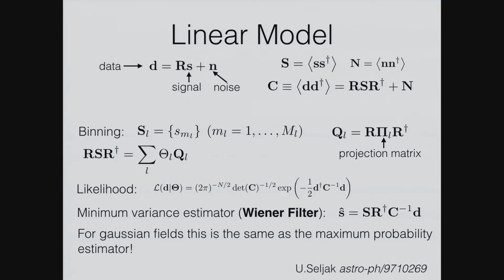Big S denotes your signal covariance matrix. Big N denotes your noise covariance matrix. Big C will denote the data covariance matrix. Let's not worry about this part for now, since I don't have time to go into that. But one thing that you want to try to find is, given the data, you want to estimate. All you measure is the data. You don't know the noise. You don't know the signal. But you know the magnitude of the noise.